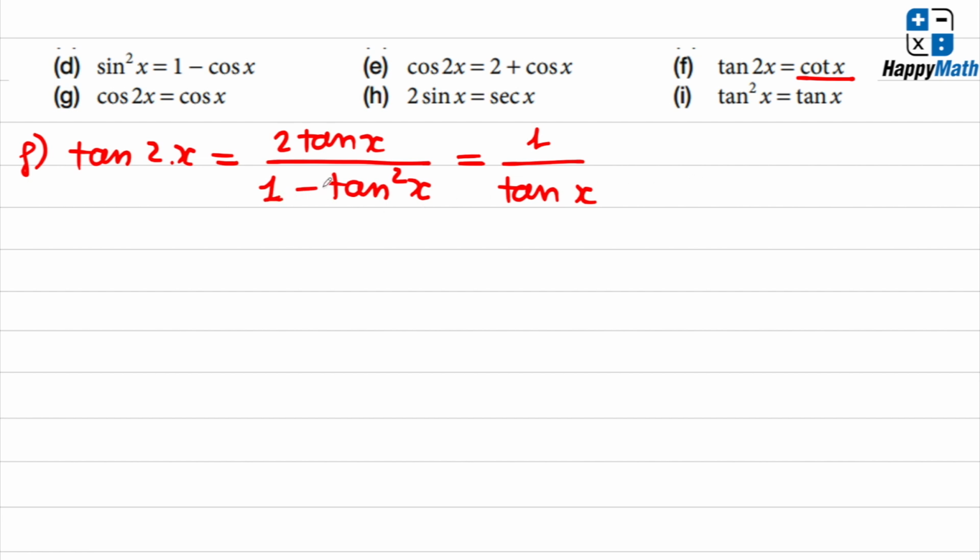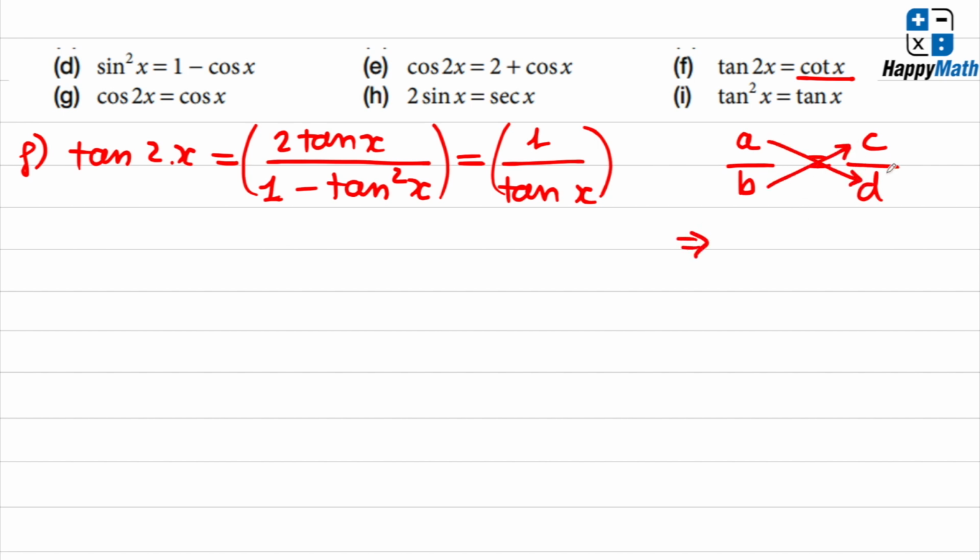So after writing this, you get two equivalent fractions, the left hand side fraction and the right hand side fraction. How about this in algebra? You can change it to a new form. A will multiply D and B will multiply C. You get A times D equal to B times C. This means the same thing here. I take the numerator of the left hand side fraction and multiply with the denominator of the right hand side fraction.